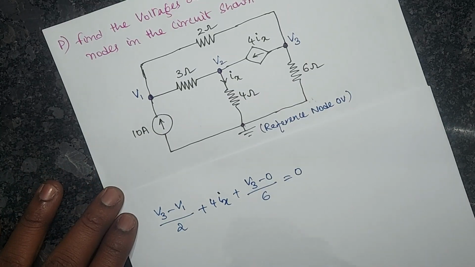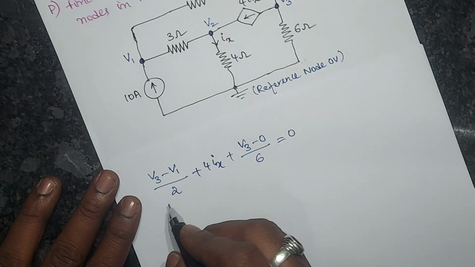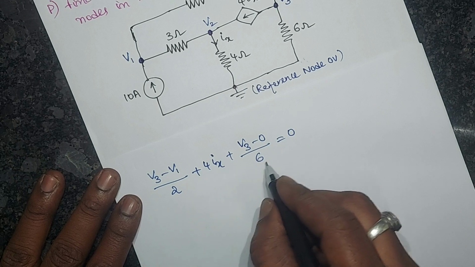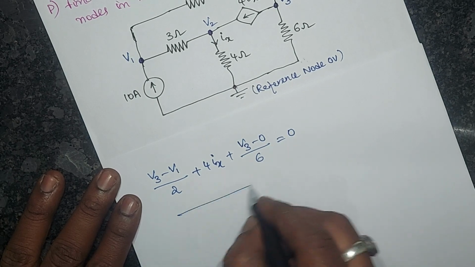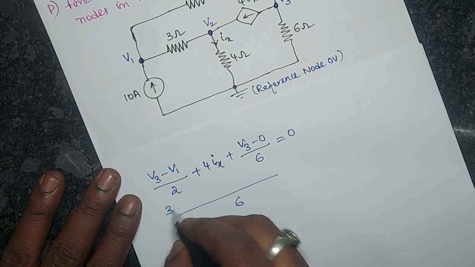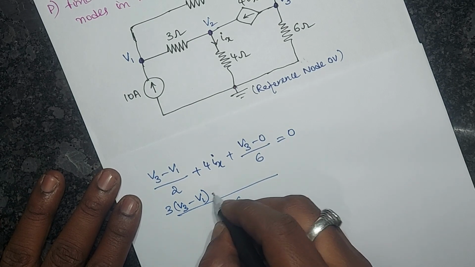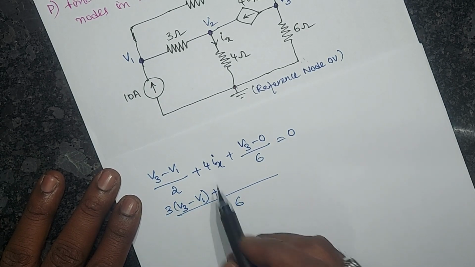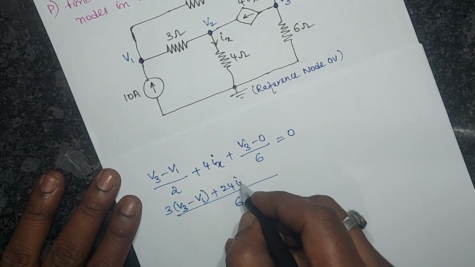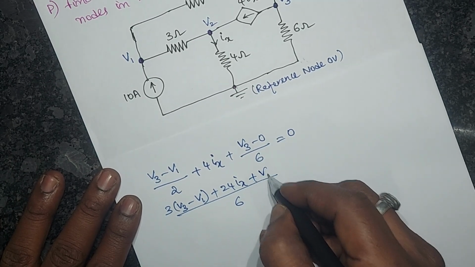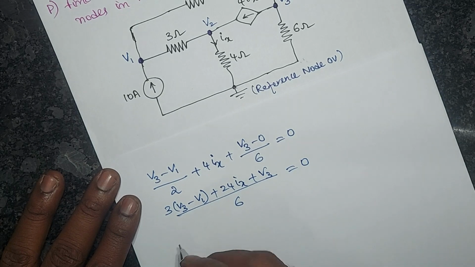So this is about the problem. And here what is the LCM? LCM is 6. So here 3 into (V3 minus V1) plus 6 4s are 24 Ix plus V3 equal to 0.